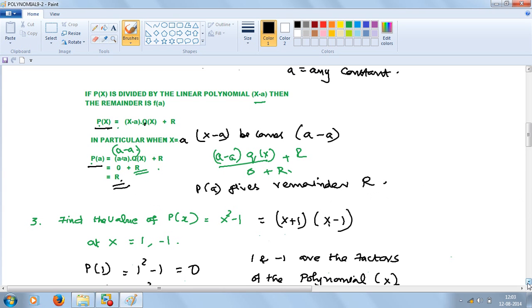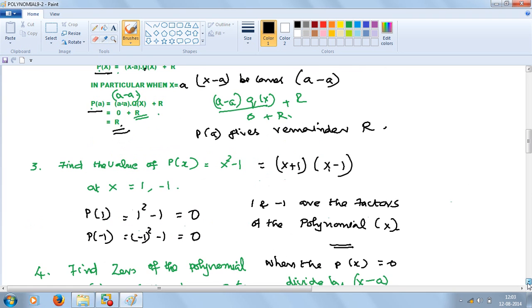So we have learned when for a particular value p(x) is becoming 0, those values are becoming factors of the polynomial. When you divide by x minus a, f of a is becoming 0 and x equal to a is a factor.